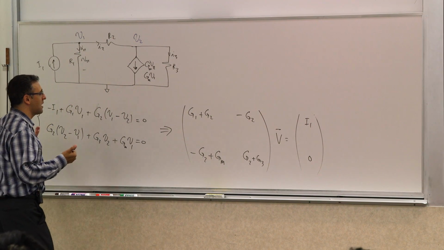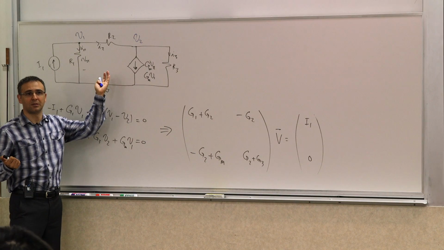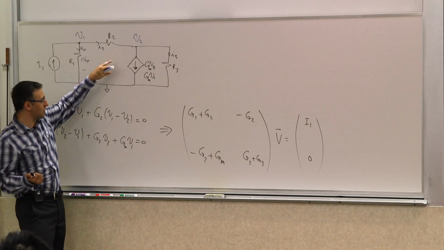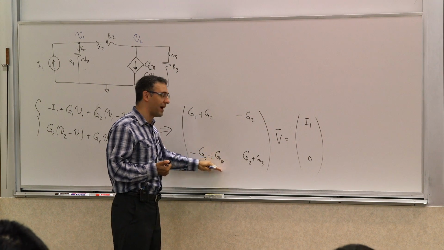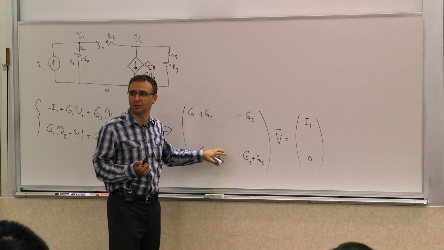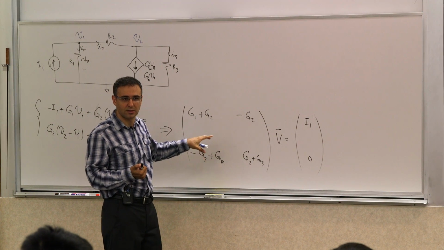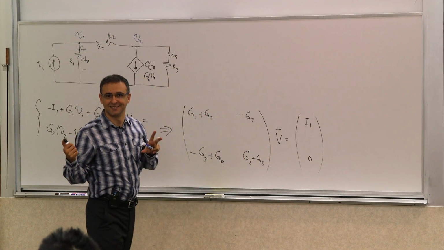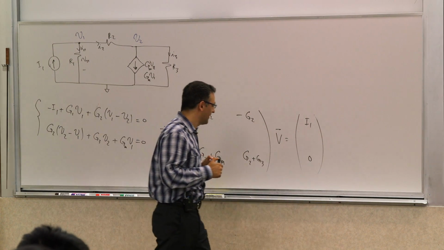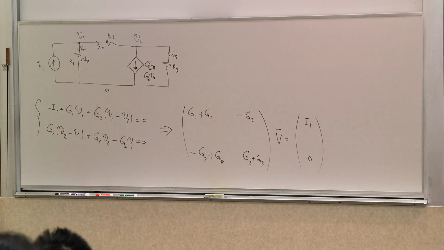When you have dependent sources, there's nothing fundamentally different, so the process and the algorithm is applied the same way. The only thing is that now you have asymmetrical ones, and you have these additional terms associated with these dependent sources, depending on what they depend on. Right? So that's the way those things work.